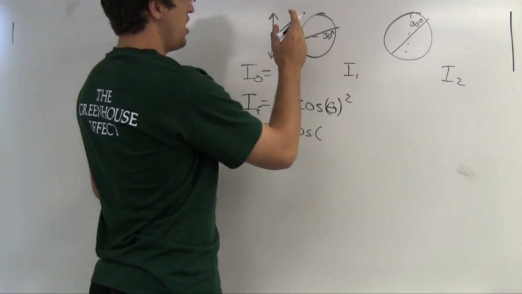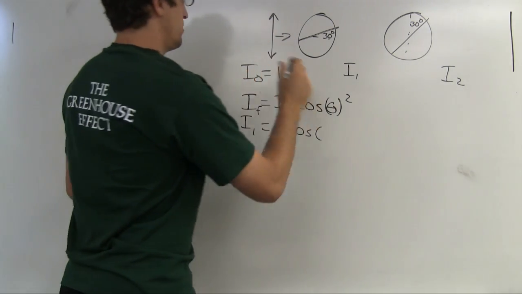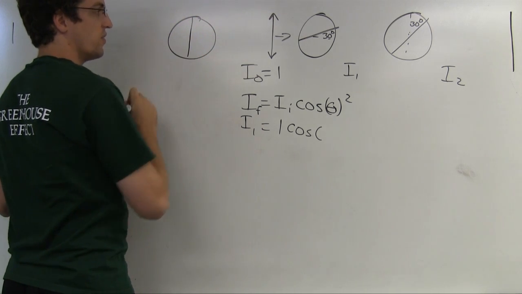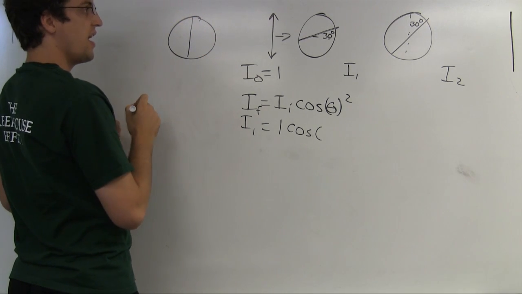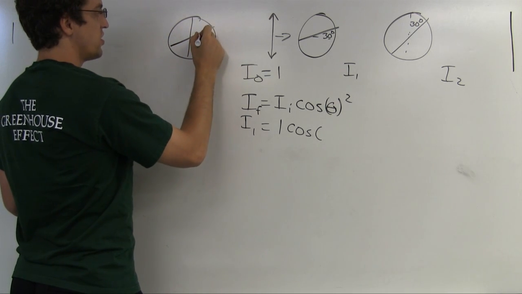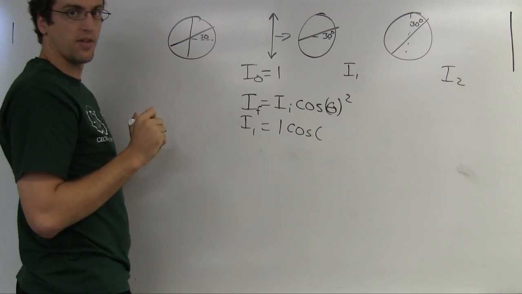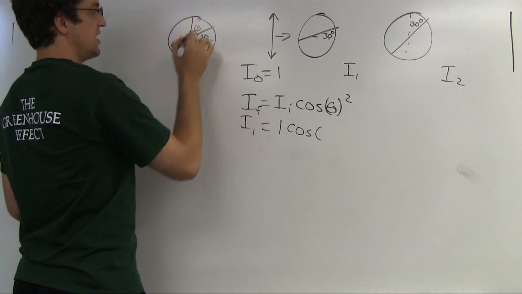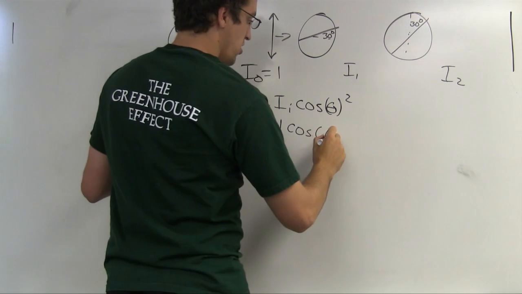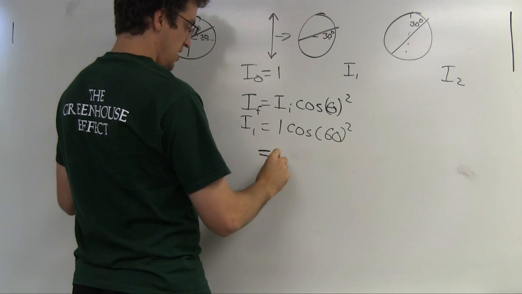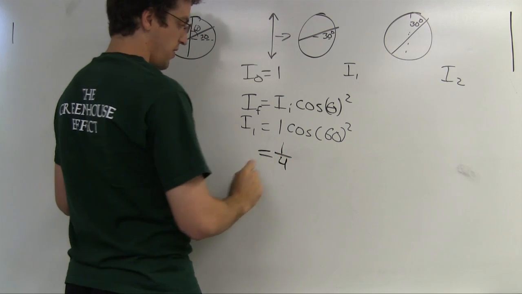If we look at a circle, we know that our original was straight up and down, and our second line is 30 degrees from the horizontal. What angle does this have to be? Turns out it has to be 60. So you have cosine of 60 degrees squared, and this is going to come out to be 1/4.